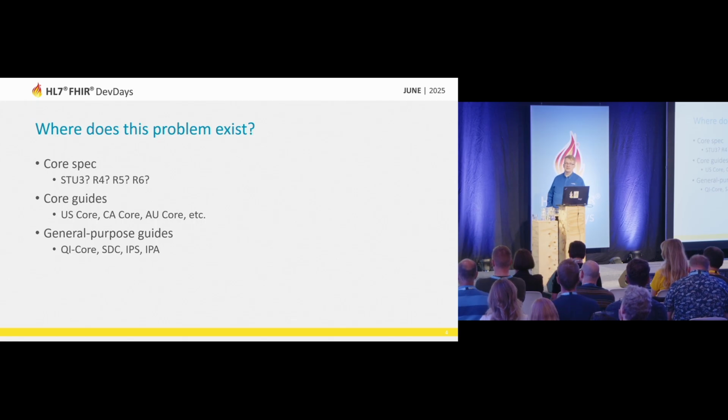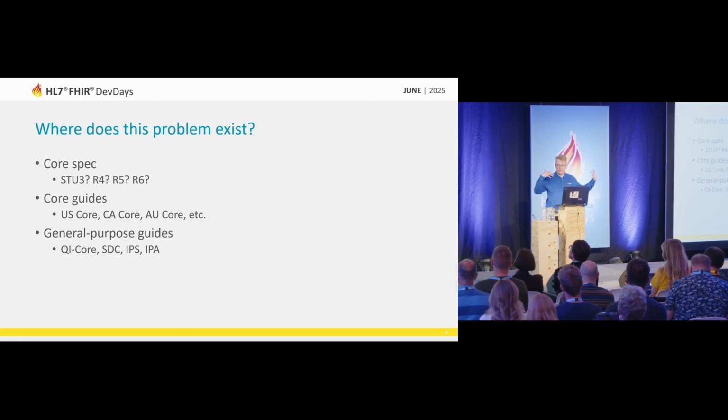Then we've got foundational guides. So things like US Core, Canadian Core, Australian Core, etc. But there's also other guides, things like structured data capture, QI Core, patient summary, patient access, all of these other foundational guides that we want to align with and they are continuing to put out new versions and occasionally break things and certainly add new features.